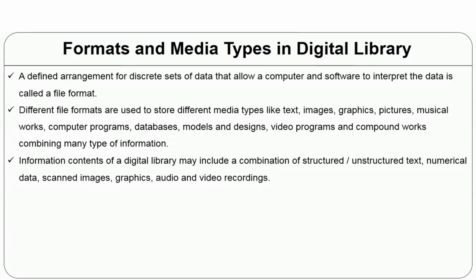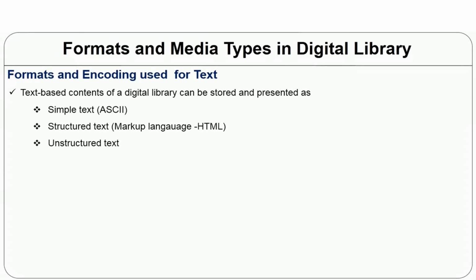An information content of digital library may include a combination of structured and unstructured data, numerical data, and its size. So simple text, ASCII text, is one format, and this is available in that document, you can read it. And structured text format is there, which is called markup language. So markup language is HTML. For creation of web pages, we use a markup language called HTML.